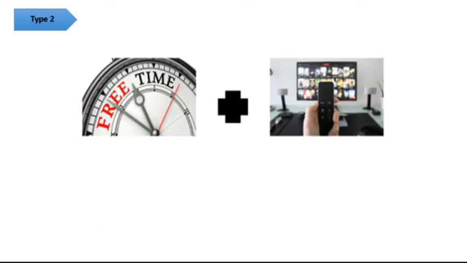The following. Okay, free time and watching movies. So this is, I mean, our favorite pastime and our favorite free time activity. Well, most of us. But unfortunately, I don't have more free time now, and I am not free to watch movies.